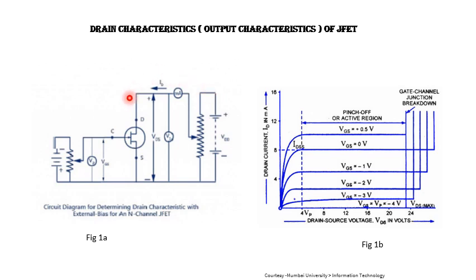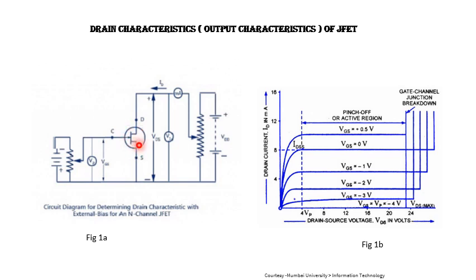In order to draw the drain characteristics of a junction field effect transistor, the circuit diagram is shown in figure 1a. This is an N-channel FET.